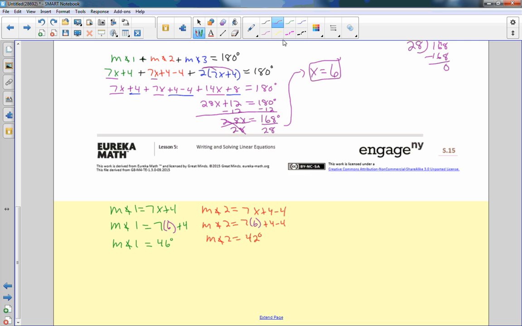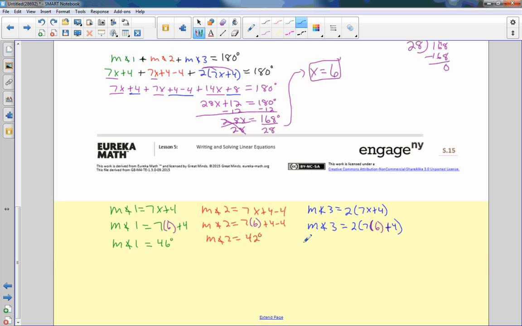All right. The measure of angle 3 is 2 times 7x plus 4. The measure of angle 3 is 2 times 7 times 6 plus 4.